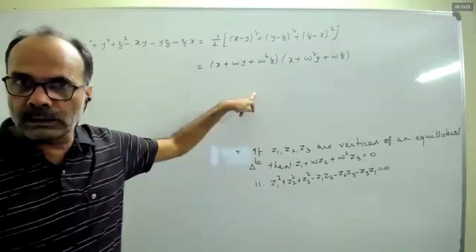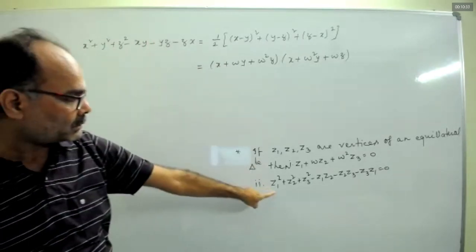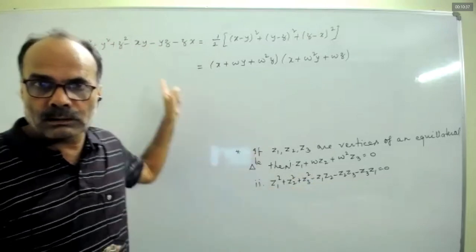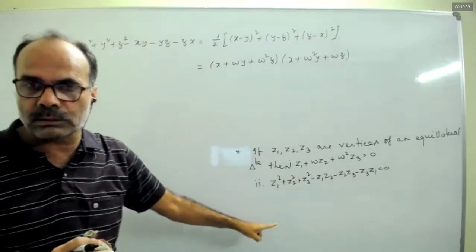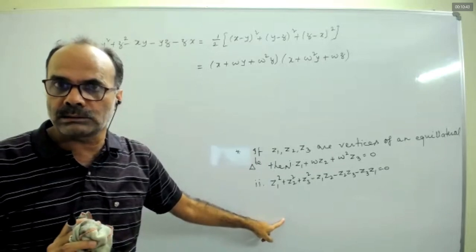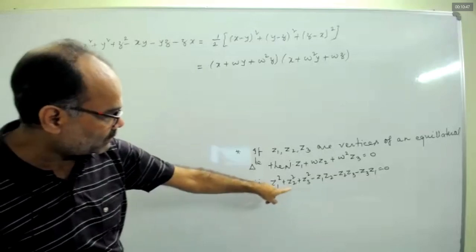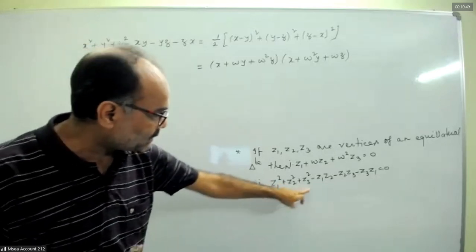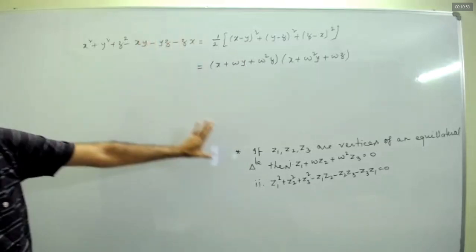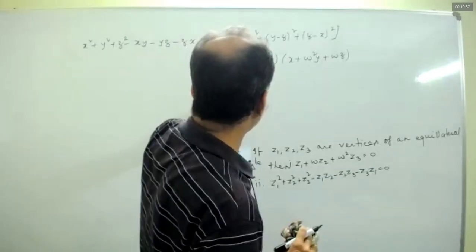In place of x, y, z, if you put z1, z2, z3, you will get this expression. So this is factorizable in the complex plane, and we have proved that this quantity is 0.